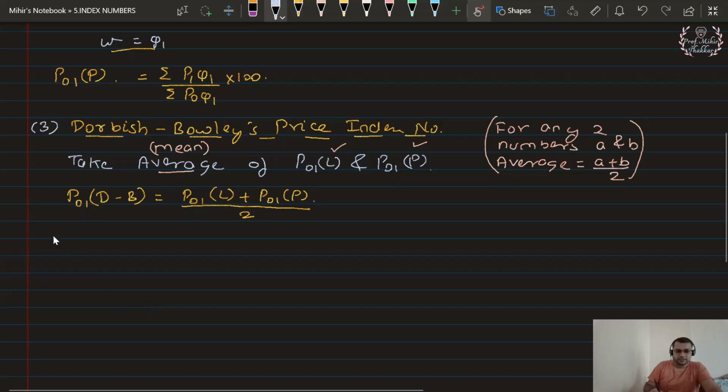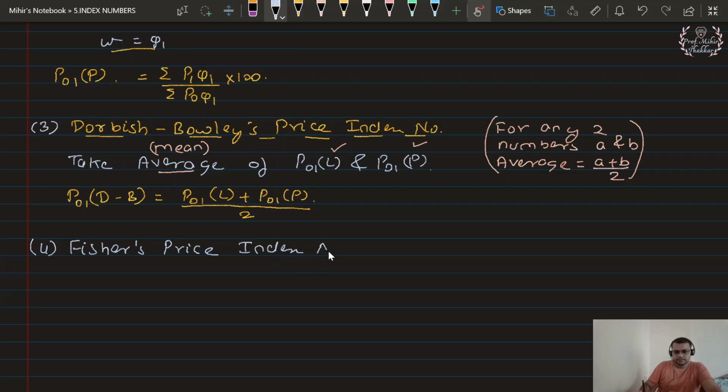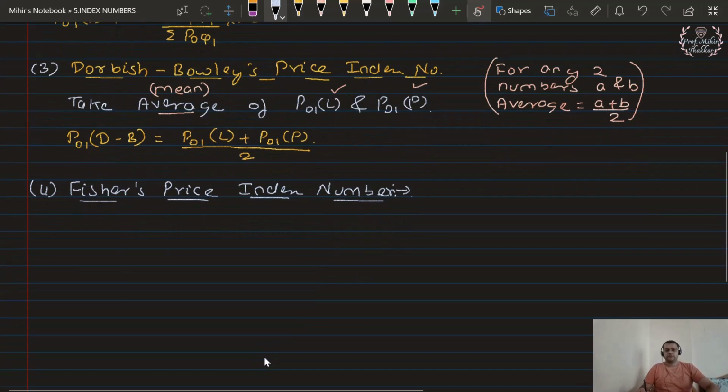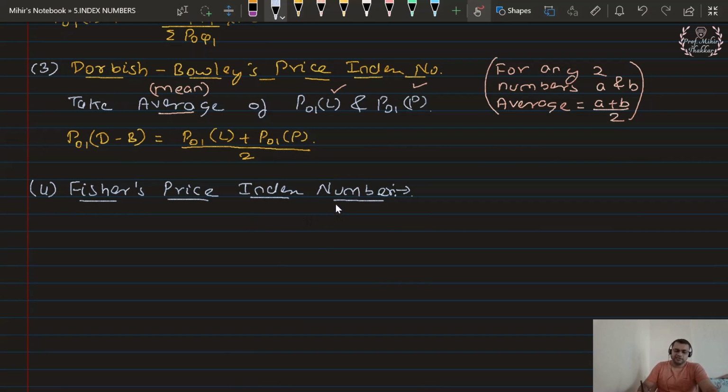After that, number 4, it is the Fisher's price index number. Now when we talk about the Fisher's price index number, what he did is he again considered both Laspeyres' and the Paasche's index number, but like Dorbish-Bowley, he did not take the average.